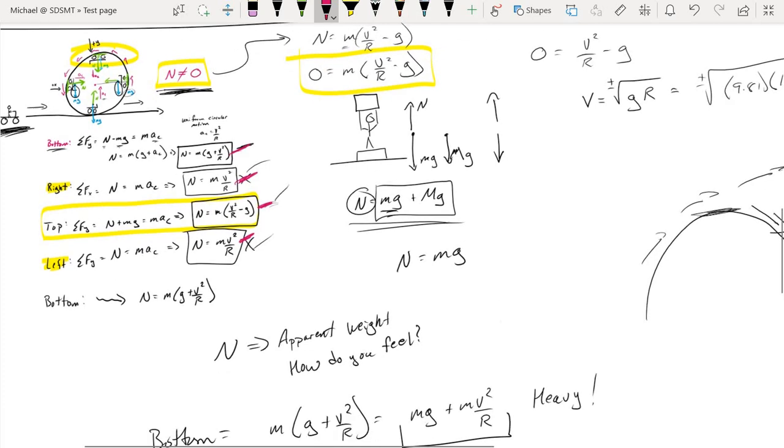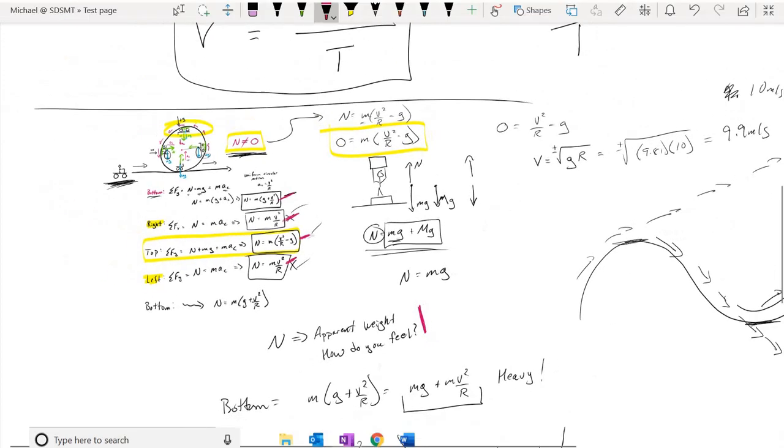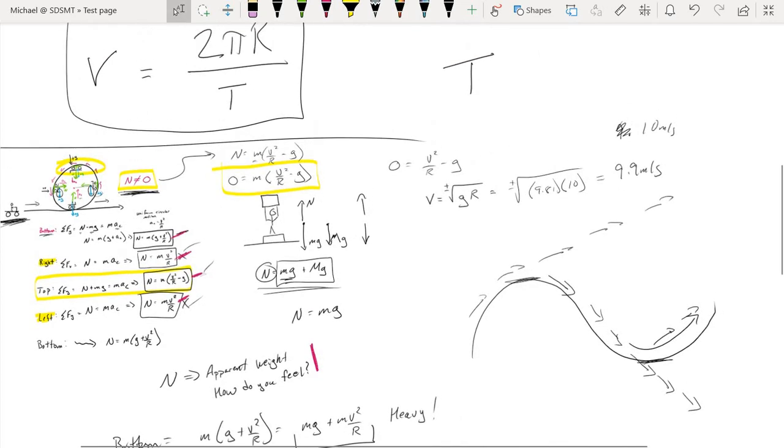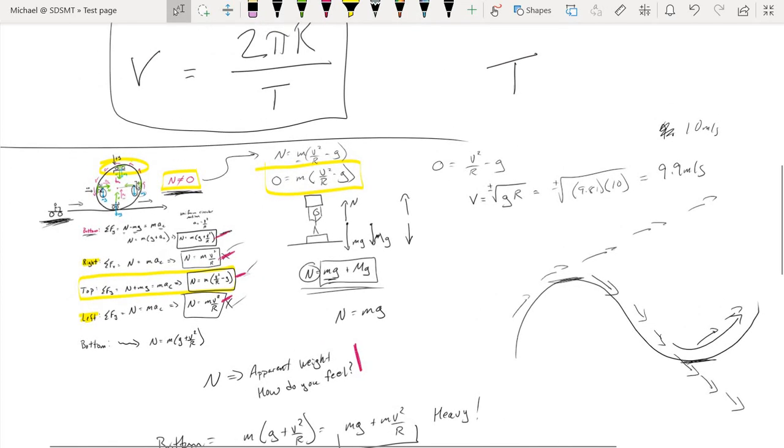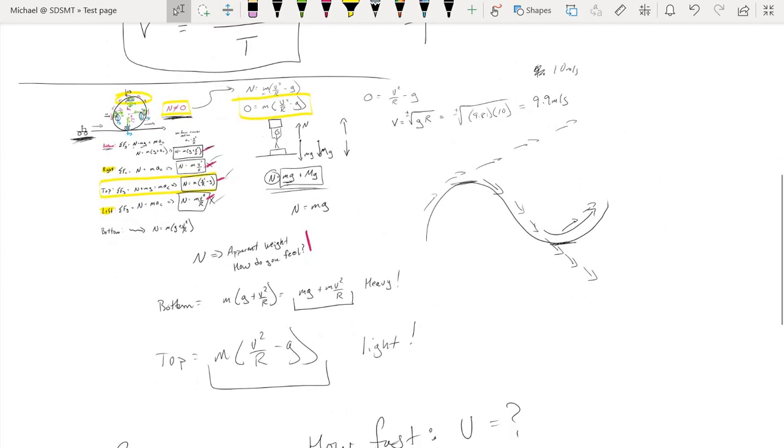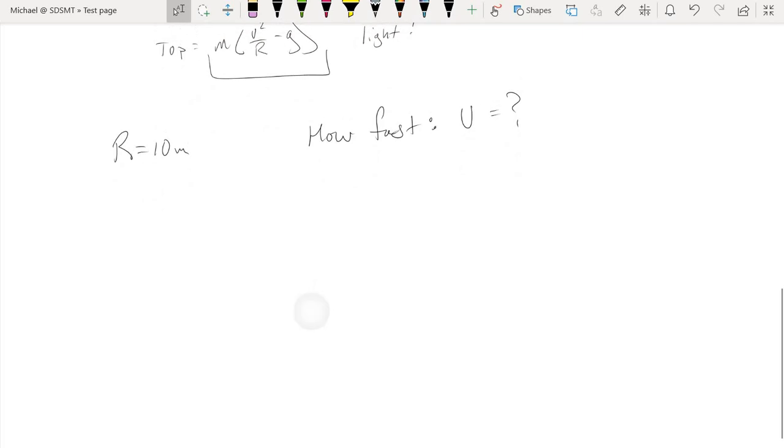And the more we increase the normal force, the more we increase that apparent weight, the more we increase that weighty feeling of being heavy. All right, so I think that's enough for the normal force. So we've definitely seen how the normal force can contribute to centripetal motion.